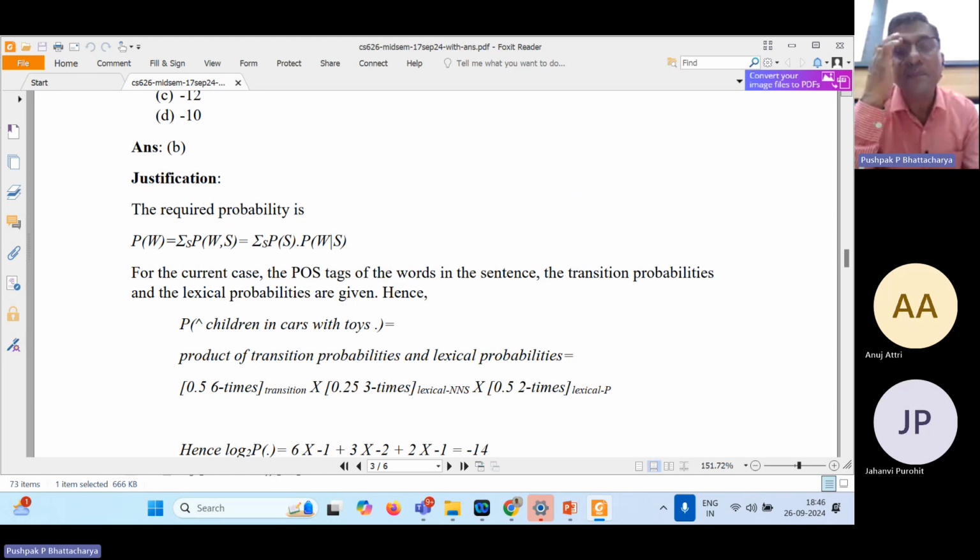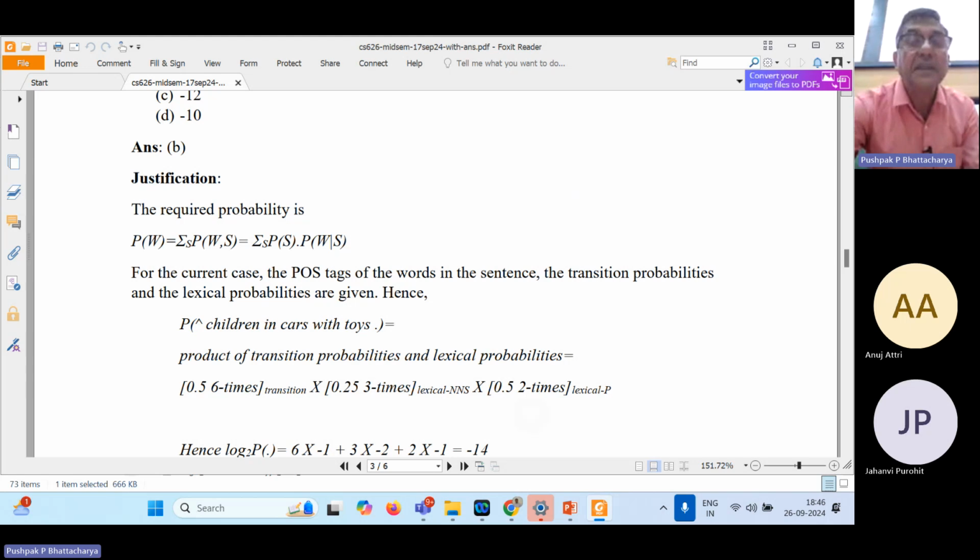And the lexical probabilities are already given, which are first of all NNS, the children, cars, and toys, and two prepositions, in and with. So cars, children, and toys give rise to 0.25 to the power 3. And in and with are 0.5s, 2 times.